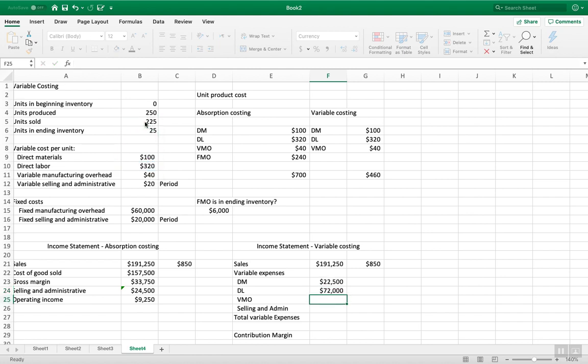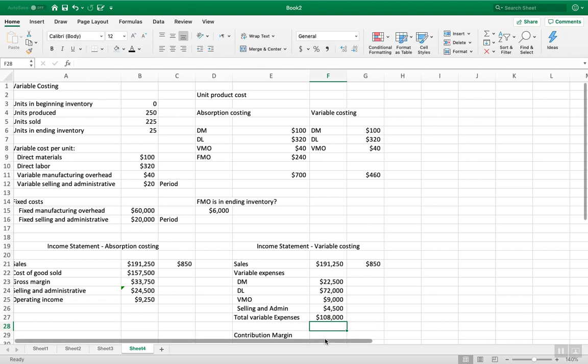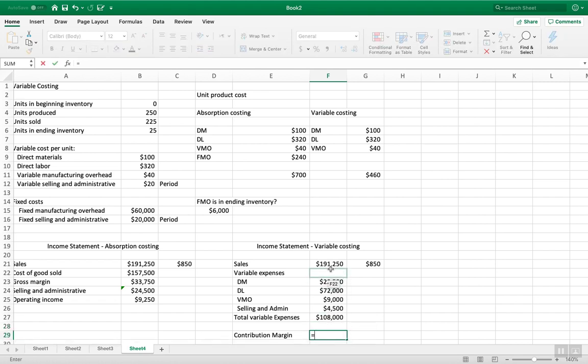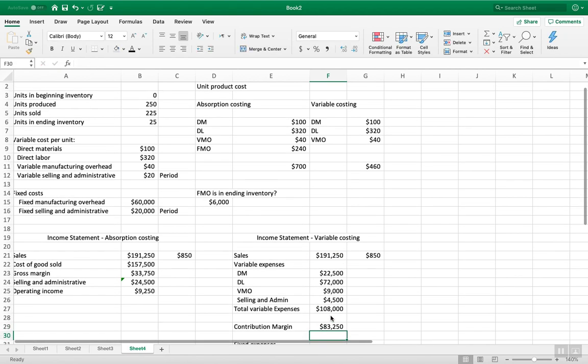Direct labor would be our 320 times the number of units sold. Variable manufacturing overhead would be my 40 times the number of units sold. And selling and administrative would be my 20 times the number of units sold. Okay, then I have my total variable expenses, and then I have my contribution margin, which is my sales minus my variable expenses.